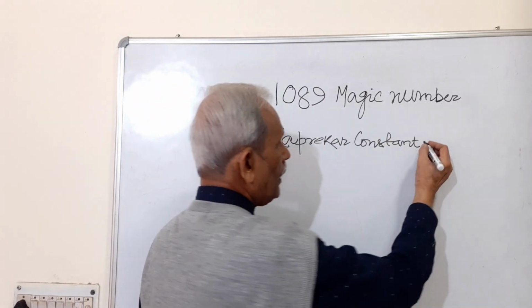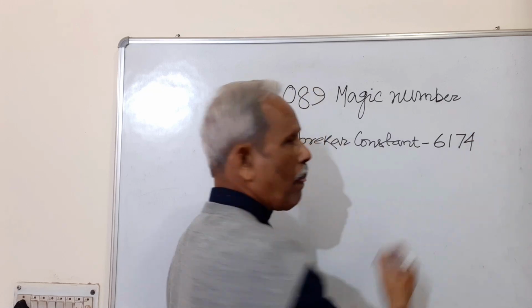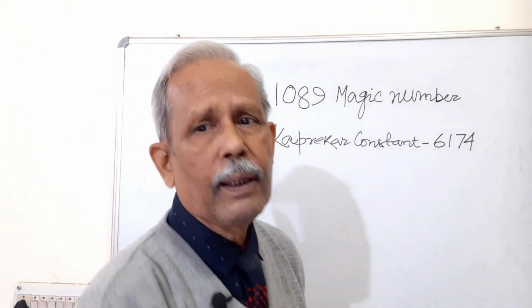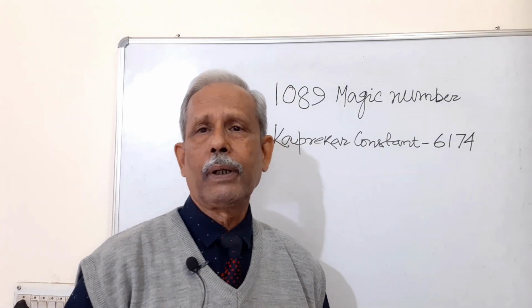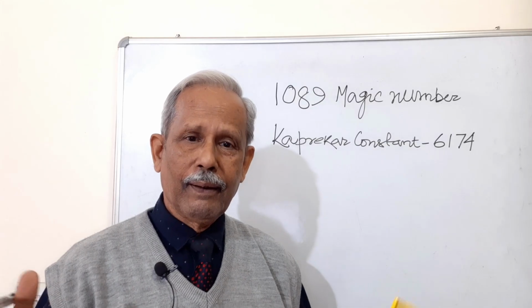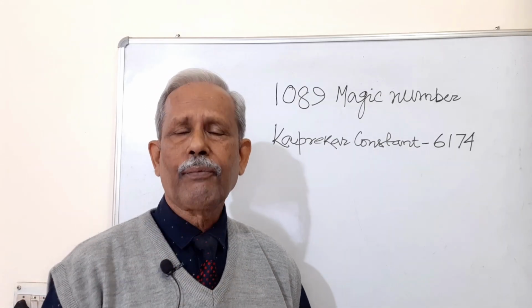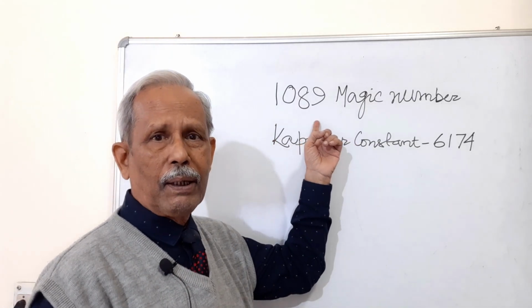His constant 6174. These two things we'll see today. So these two examples demonstrate how mathematical numbers have hidden mysteries of patterns within. So let's begin. Let us start with the very surprising number, the 1089, the magic number.